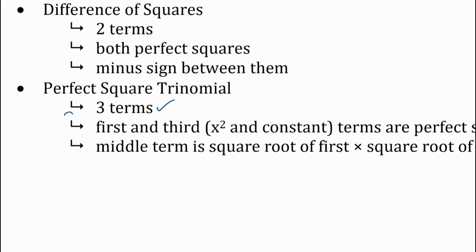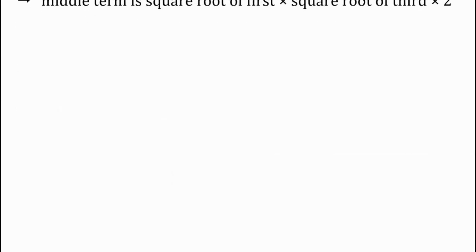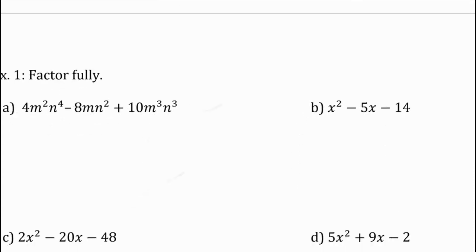And then those three terms have to follow those two, which you can't even see, so I'll zoom out. Those two conditions of the pattern in the coefficients, that kind of thing. Okay, so when it becomes more relevant later on, we'll probably talk a bit more about this, but for now, we're not going to worry too much about it. All right, so let's dive into some examples here.